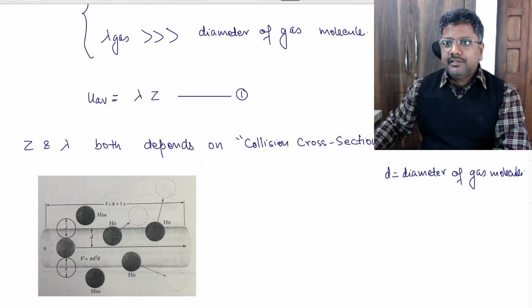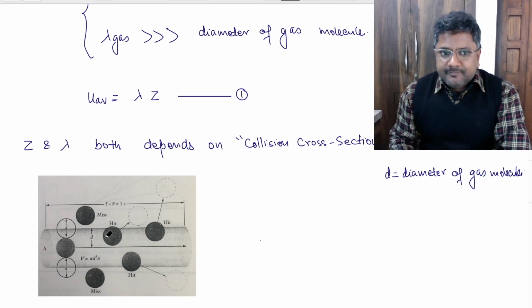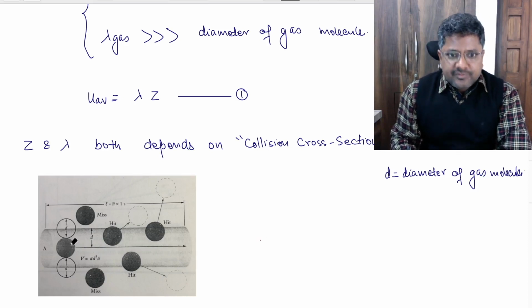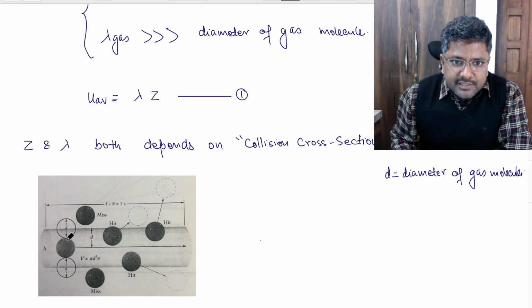So see, this is a molecule which is taken into consideration. This is the diameter of the molecule, from here to here. This is D.